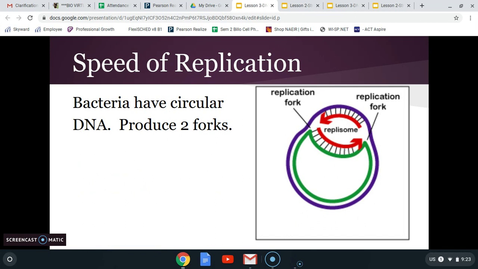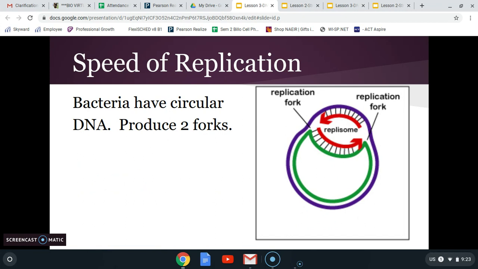In terms of speed of replication, I'm going to skip over this. I just want you to know that as we're portraying this, it looks as though DNA is just replicated in one fell swoop. That's not necessarily the case. We can replicate DNA in multiple locations at the same time.